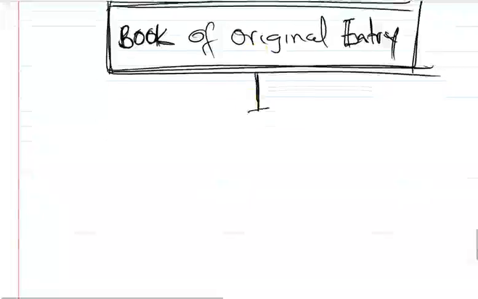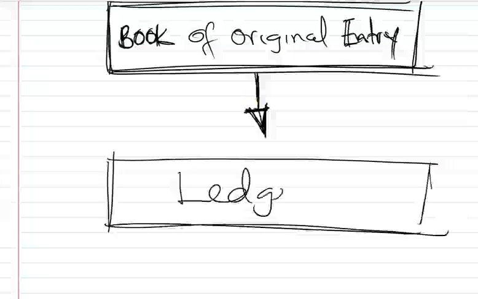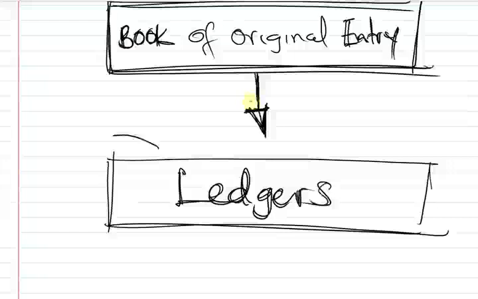From the day books, they will have to transfer this information to the ledgers. We have 3 types of ledgers. We have the nominal ledger.